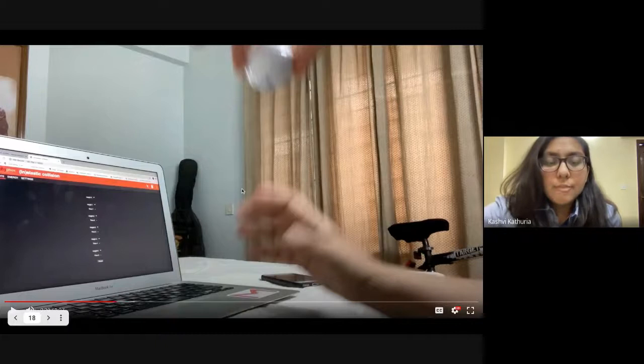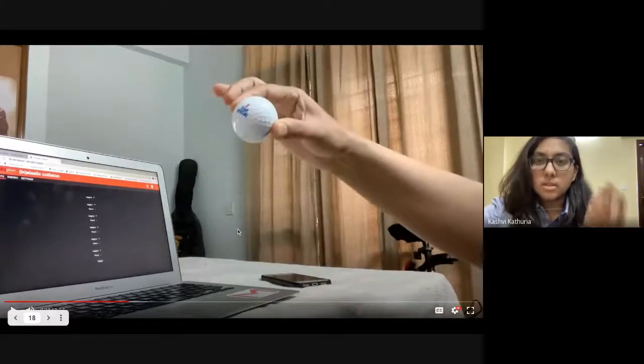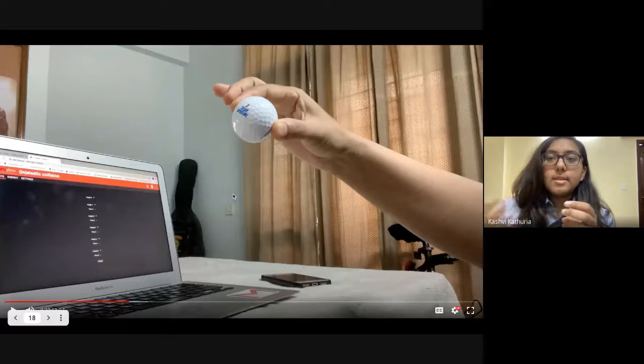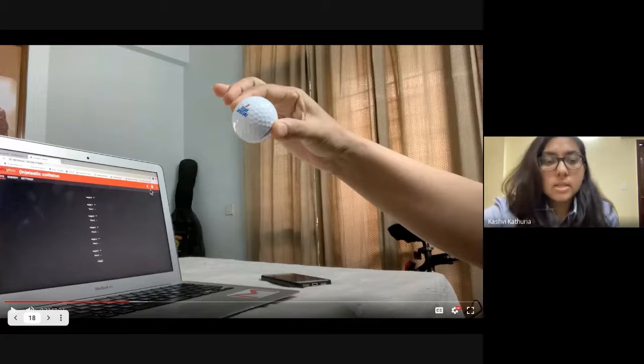And what you have to do here is drop the ball on a surface where you can hear sound. What this app will do is record the sound and measure it with each bounce that hits the surface. This will be conducted through the sound sensor that we have on our phones.